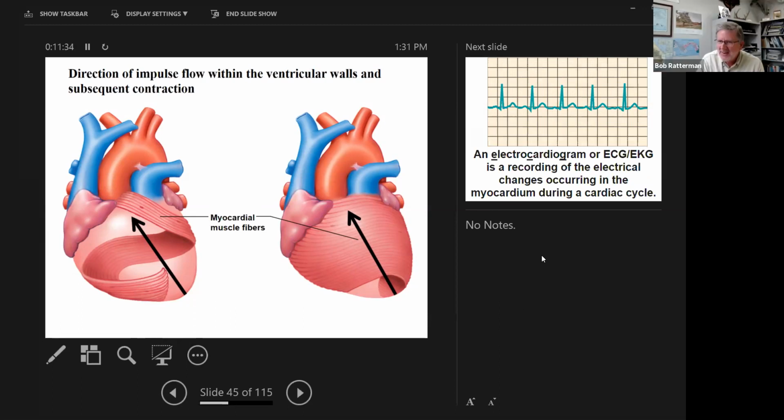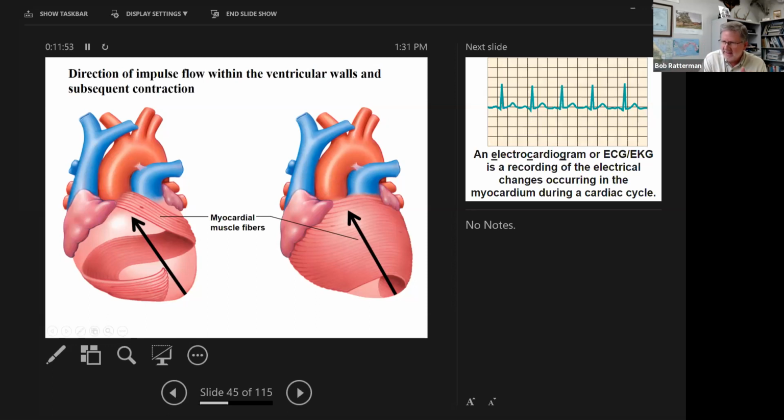I'm not sure which. So we've got this interesting, unique patterning of the cardiac muscle fibers, and they're oriented in what are called whorls, W-H-O-R-L-S. It's a funny term, whorls.